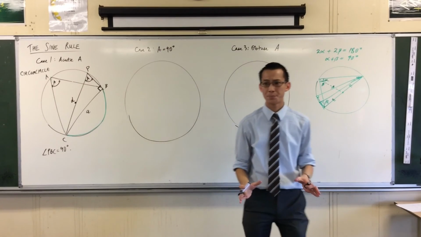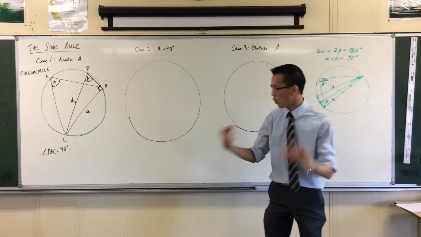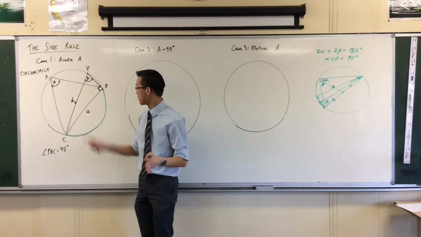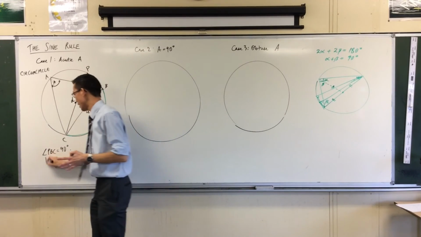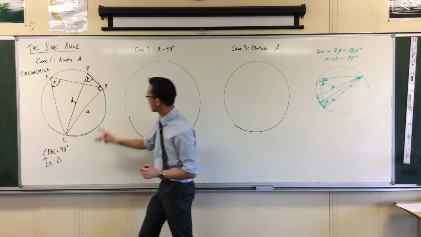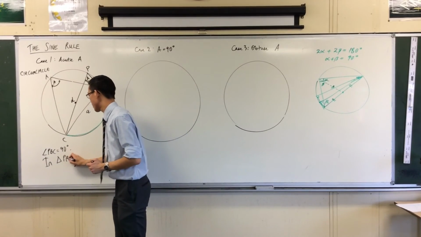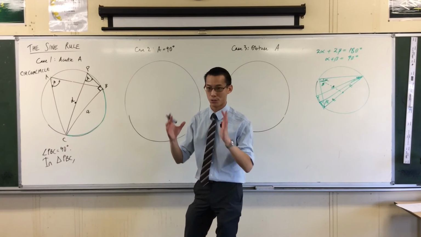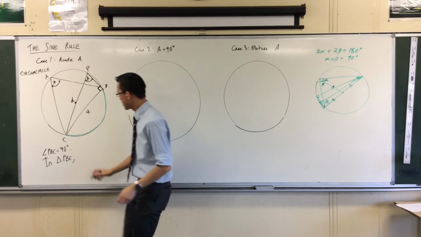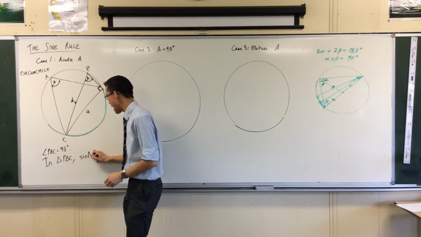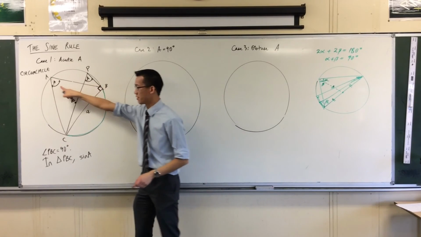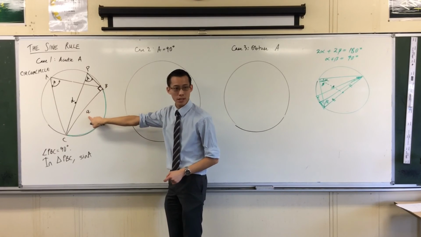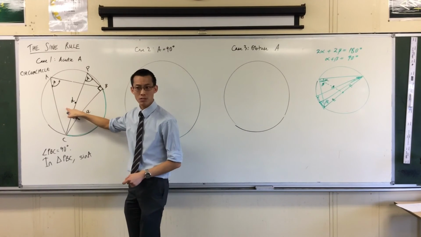With me so far? Okay, so having done all of that to establish this and this, I can now make a statement about this triangle here, in triangle PBC. It's right angled, so I can just use my right angled triangle trig formulas. I can say sine A, this A, not that A, that's in another triangle, this A, is opposite on hypotenuse.